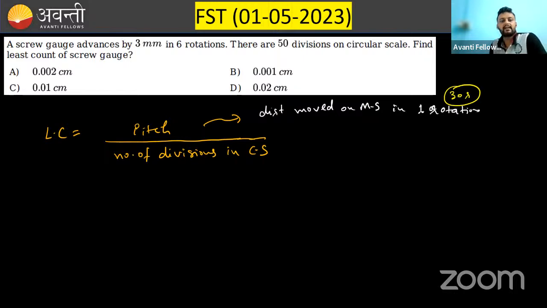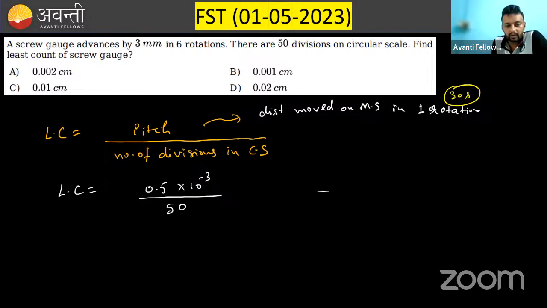The question says the screw gauge advances 3 mm in 6 rotations. So in one rotation it will move 1 by 2 mm. So pitch is 0.5 mm. Least count will be 0.5 mm, that is 10 to the power minus 3 divided by the number of divisions in the circular scale, 50.